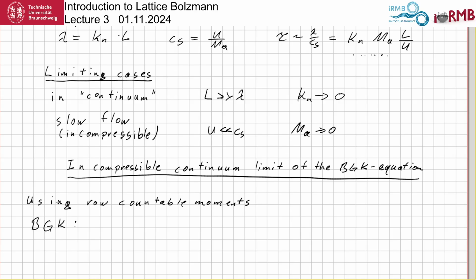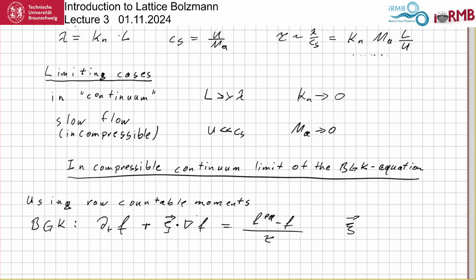Okay, let's get to this equation again. Just writing it down: equilibrium minus the incoming distribution, and now we have to make sure that we understand everything in this equation correctly.